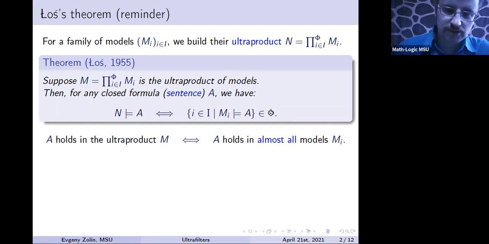And phi is closed under intersection. If two sets belong to phi, then the intersection of them belongs to phi. And this is only the definition of filters. An ultrafilter is a filter such that for every set X, either X is in the filter or its complement is in the filter.